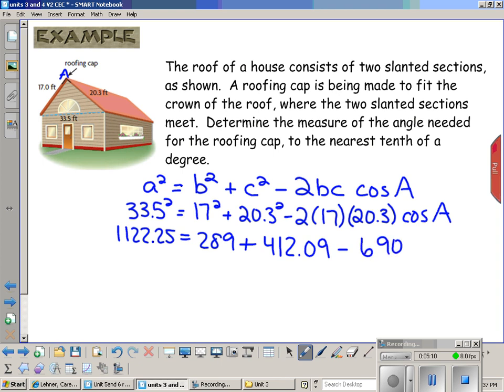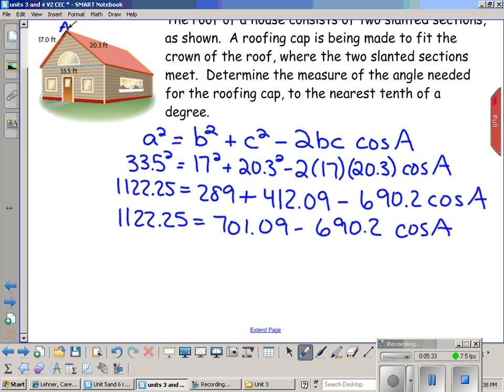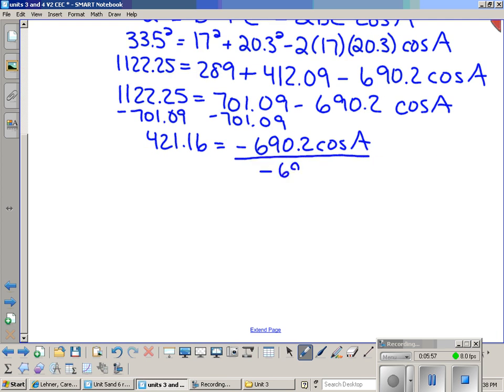So we have 690.2 cos A. We can add up our 289 and our 412. And we're trying to solve for cos A, so we're going to start by subtracting our 701 from both sides. So we have 421 equals negative 690.2 cos A. We are going to divide by negative 690.2.